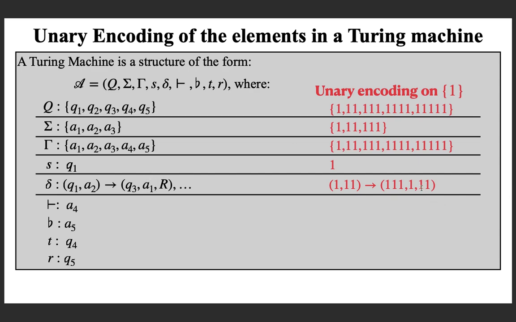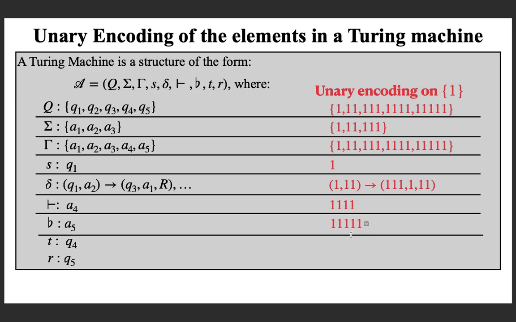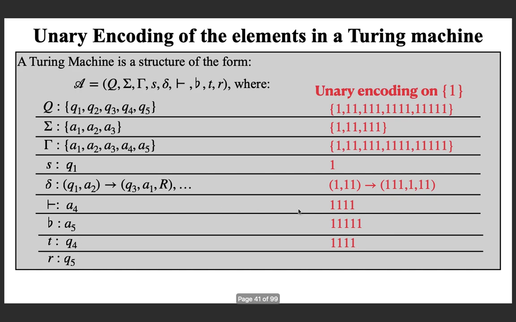And the direction of move is the second direction, which is R. Now the left-hand marker is the fourth alphabet, so you will represent it as 4 ones. Blank symbol is the fifth alphabet, so you will represent it as 5 ones. And what is T? T is the fourth state, so it is 4, and R is the fifth state, so it is 5 ones.